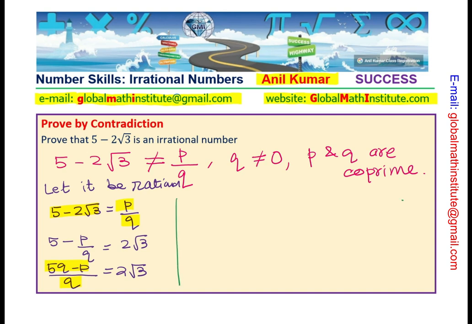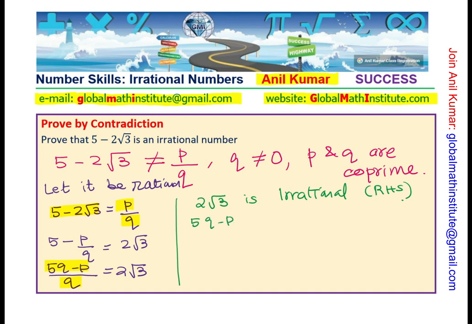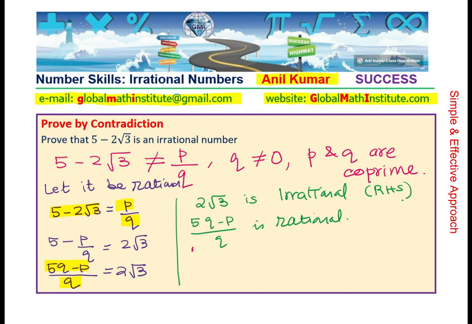At this stage, we have a contradiction. Why? Because 2 square root 3, the right hand side, is irrational. On the other hand, (5q minus p) over q is rational. So that means we have a contradiction.